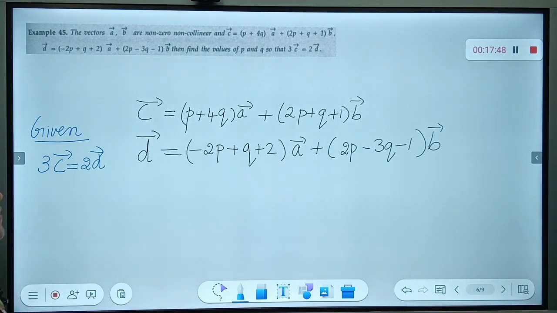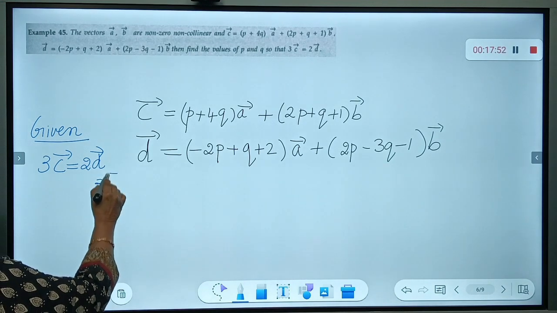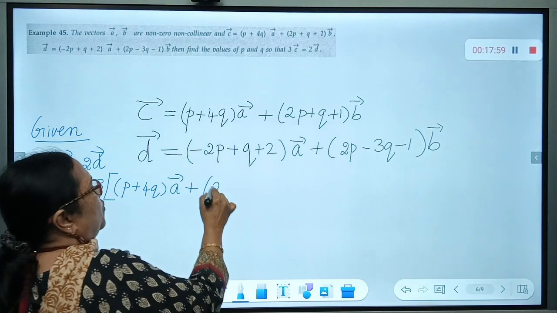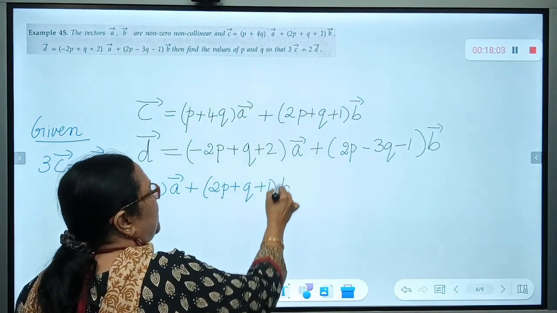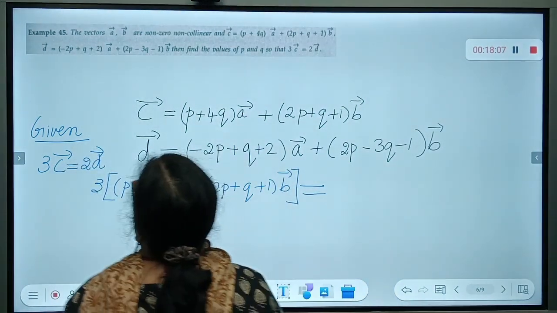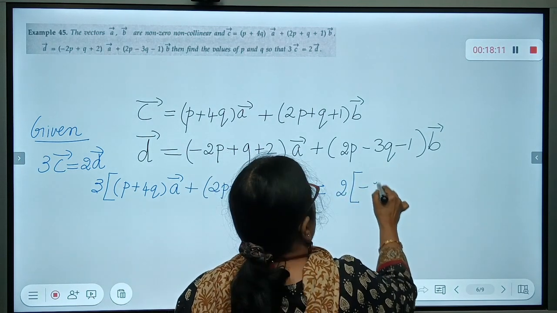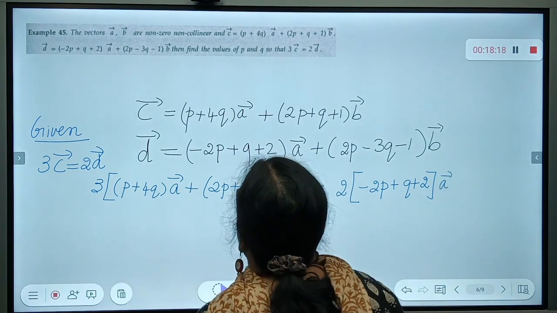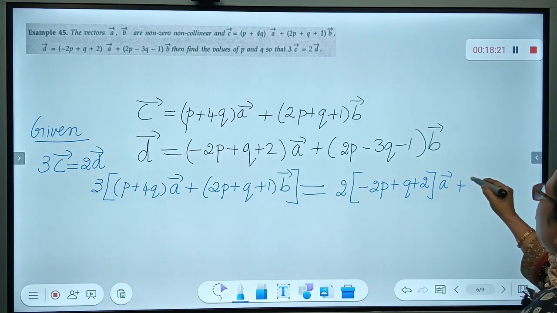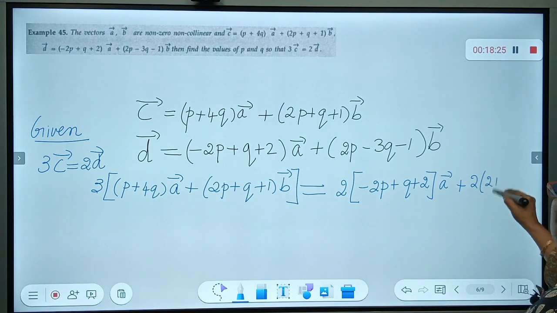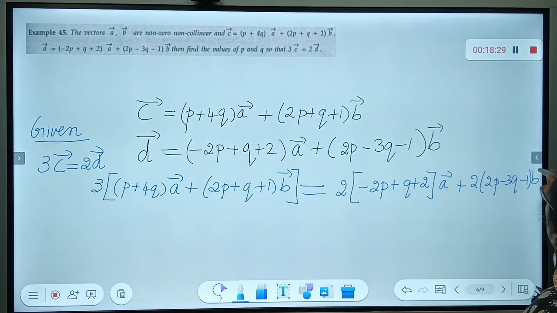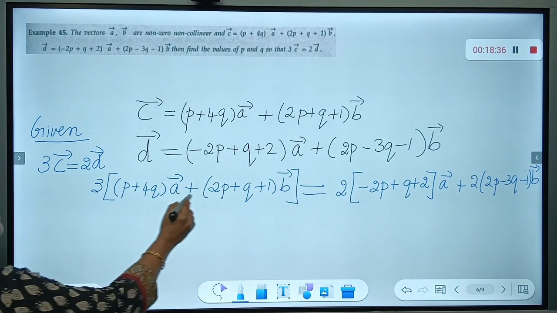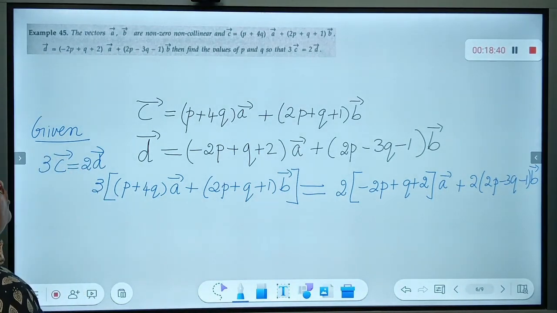Okay. So 3 times C vector equal to 2 times D vector means 3 times (p plus 4q) into A plus (2p plus q plus 1) into B vector is equal to 2 times (minus 2p plus q plus 2) times A vector, right, plus 2 times (2p minus 3q minus 1) times B vector. 3C equal to 2D, so 3 times (p plus 4q) times A vector plus (2p plus q plus 1) times B vector is equal to 2 times D vector.